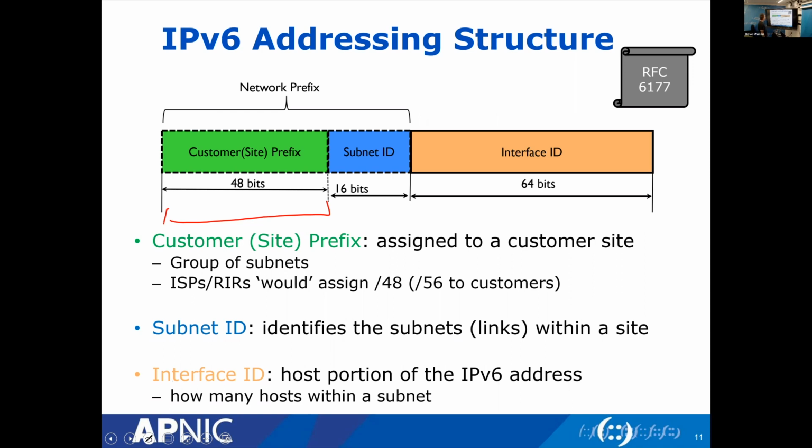I then have 16 bits of addressing to use within my network. The last 64 bits of your IPv6 address is actually your interface ID. So you have within each network segment or network VLAN 2^64 devices.